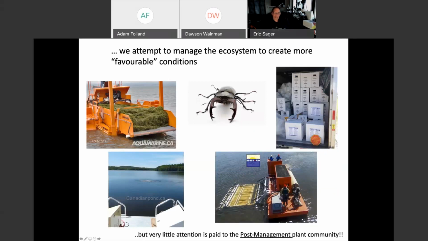And so the tools we have are these harvesters. The latest one that's getting a lot of attention right now are these aerators or jet pumps that people mount on the ends of their dock as a way of blowing the plants away from their swimming area. There's this company Blockade in Quebec, which would like to come into Ontario.